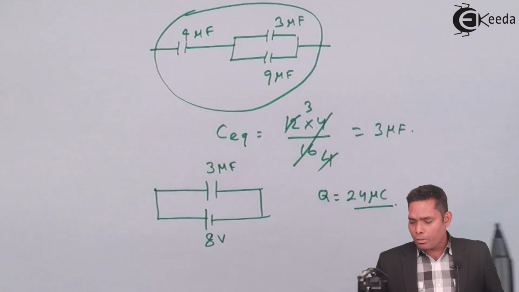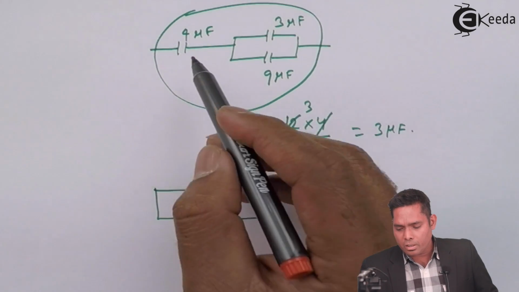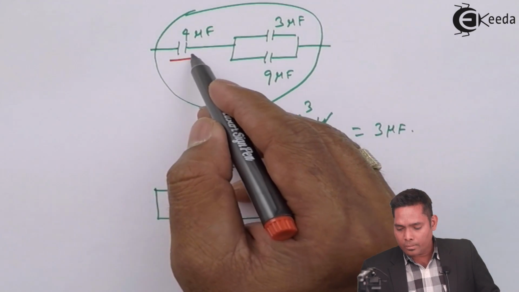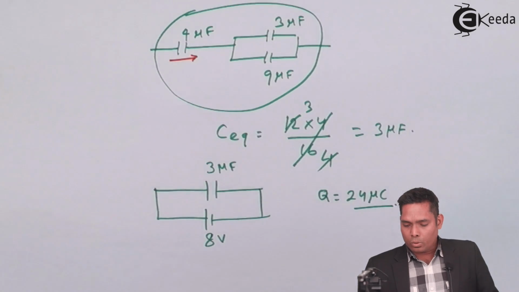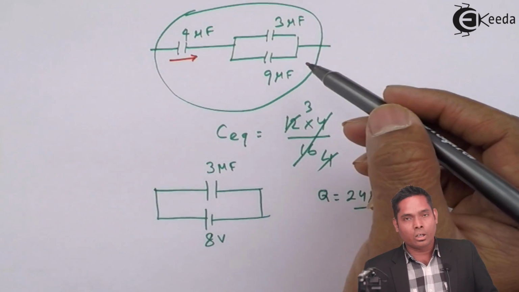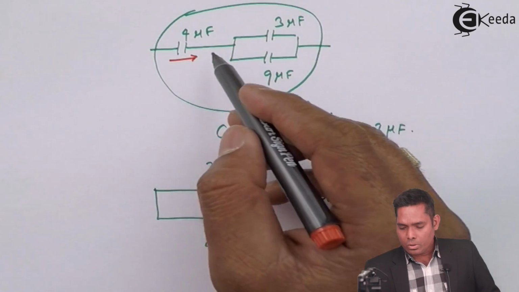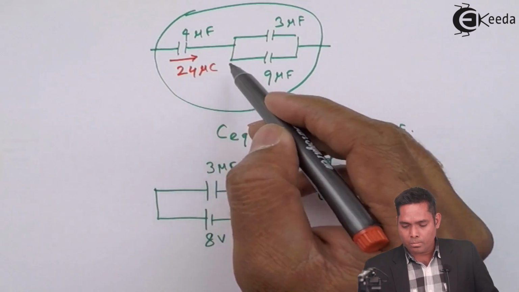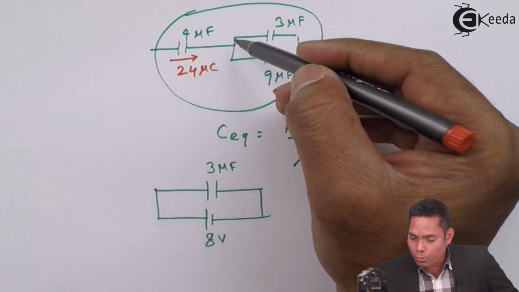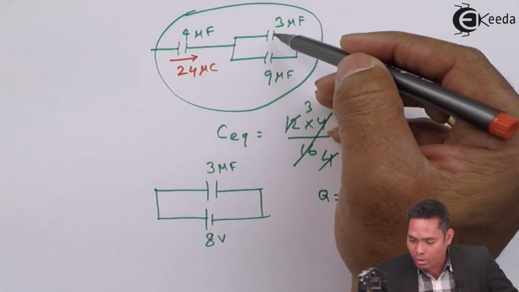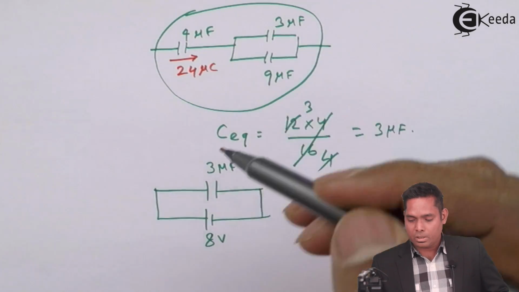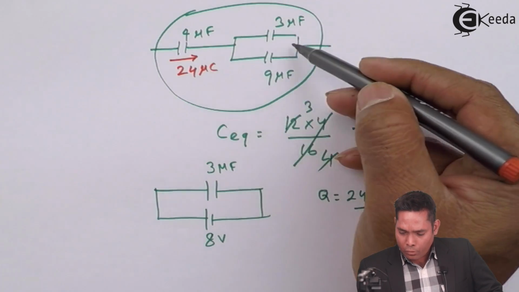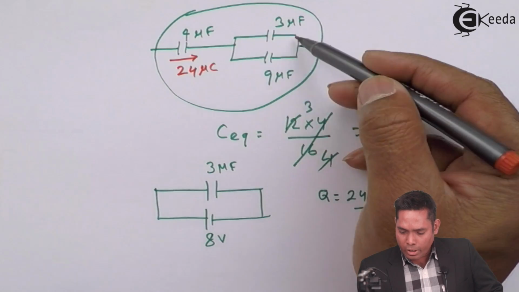So out of this 24 microcoulomb, obviously in series the charges will be same, so this 24 has to pass through here, so this will be 24 microcoulomb, and this 24 now will be divided in the two capacitors, because the total of this 24 has to pass.